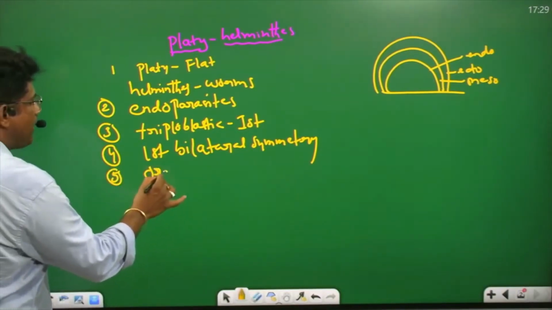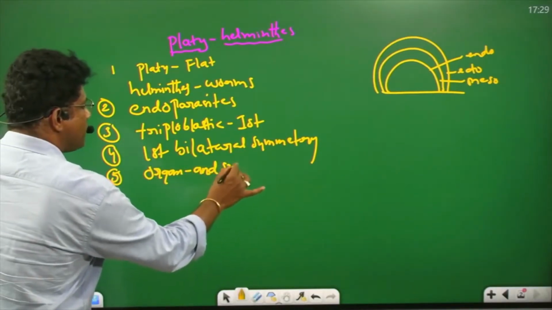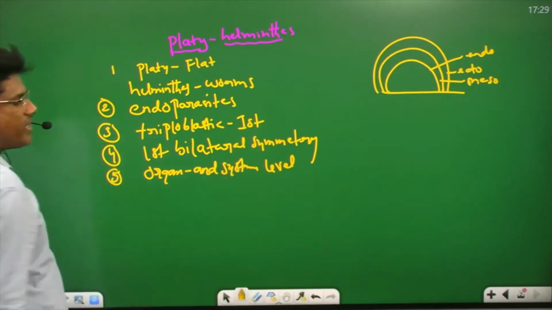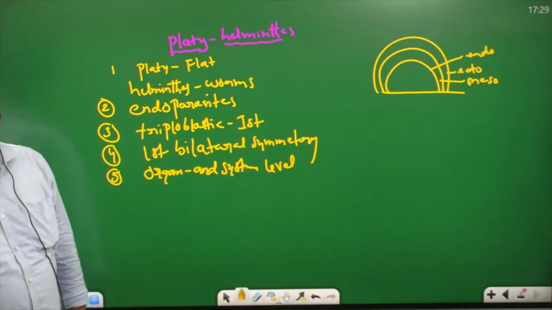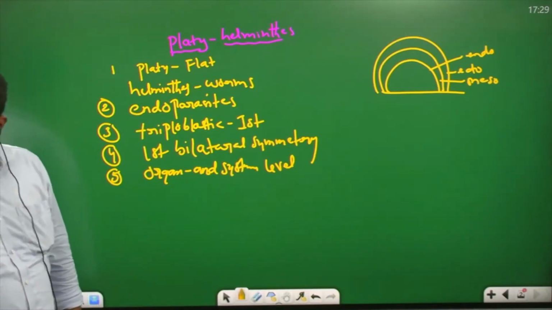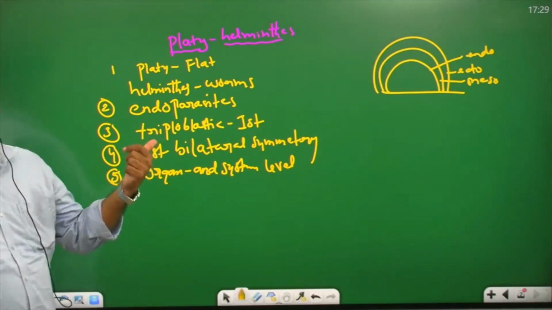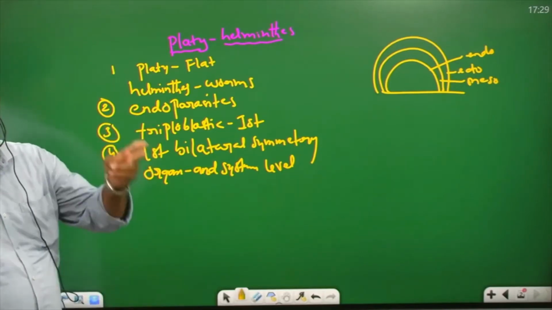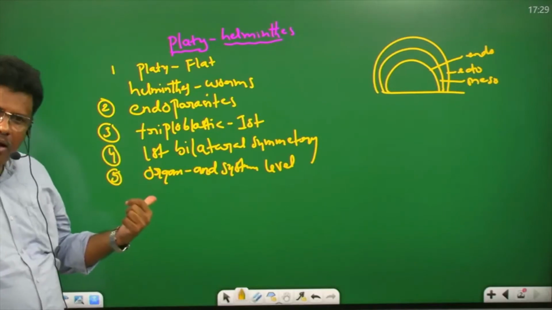Next one is what? First organ and organ system level of organization. You understand? Organs, then organ systems. Both are formed in the Platyhelminthes. In Cnidarians, tissues are formed. Ctenophora also have tissues. But here, organs.